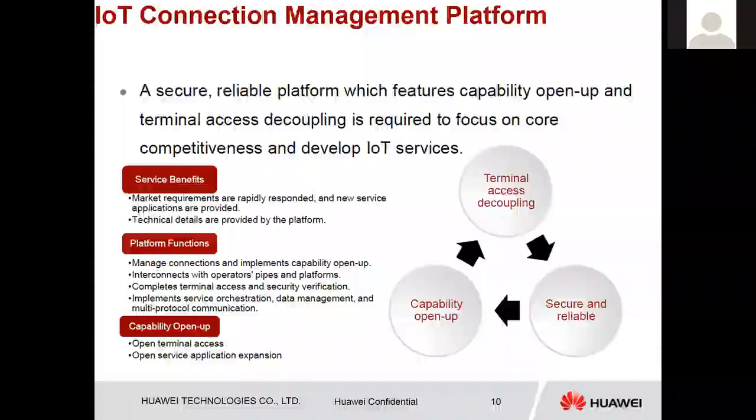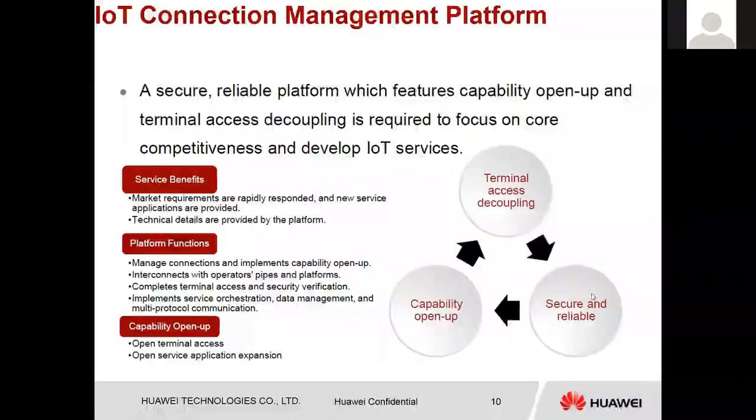And the next is capability open-up. This one can help us to access different kinds of applications and services, regardless of vehicles, metering, lights and so on. Our platform will provide a unified interface to connect them.